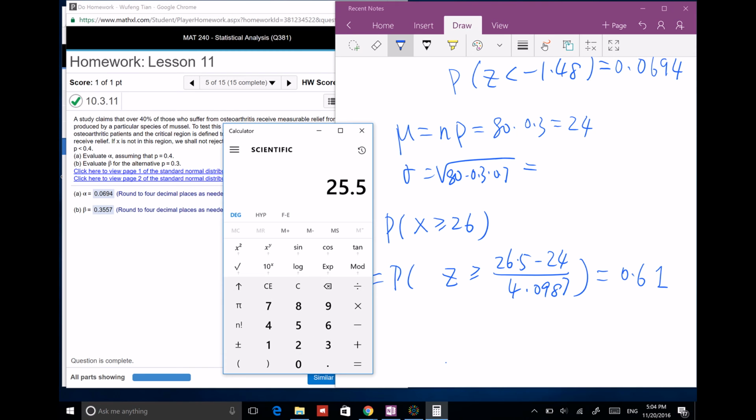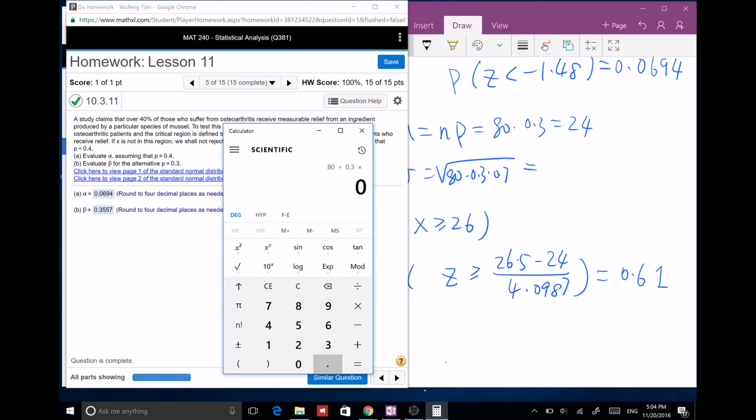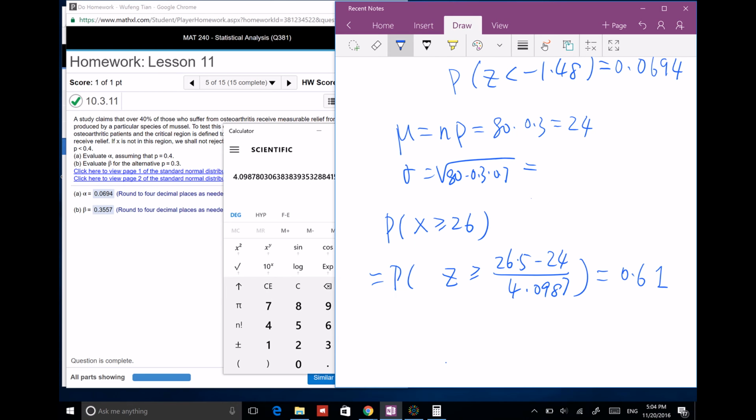So let me double check it. 25.5 minus 24 divided by sigma. So what you need to do is 80 times 0.3 times 0.7 equals, take a square root, 4.0987.